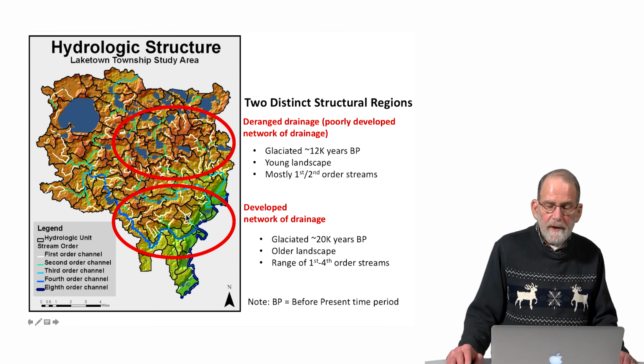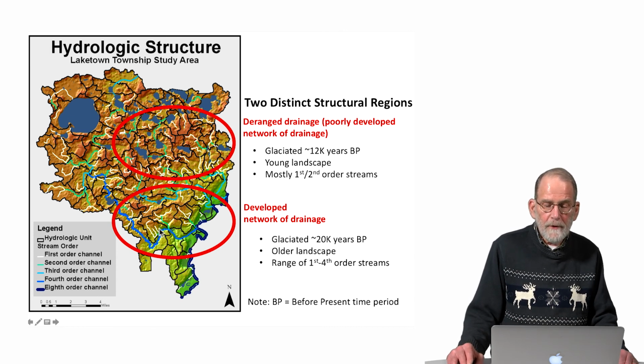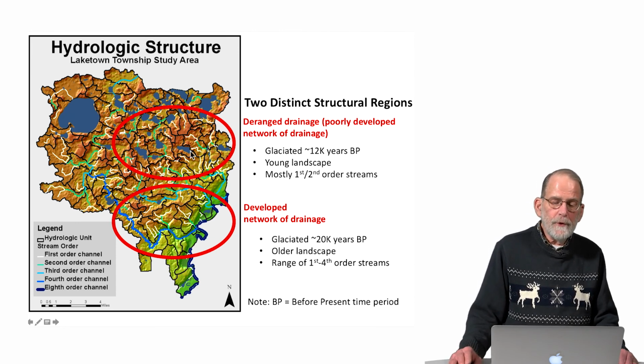Whereas when you look at the southern portion of the study area, we have a lot of first order channels, we have several second order channels, we have 3 different third order channels, and we have a fourth order channel that's collecting water not only out of that portion of the landscape, but the landscape that is to the northwest of that area. And that's because these two landscapes are of different ages.